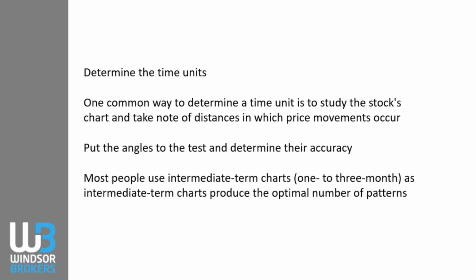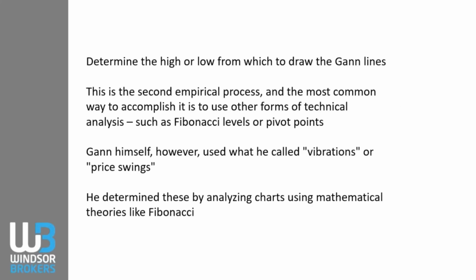We're going to take a look at this in a while. Then, as I said, determine the high or low from which to draw Gann lines. So you have to find a significant low or high, and draw the so-called Gann angles. And this is the beginning of applying the study on the chart. Then we can start using it.